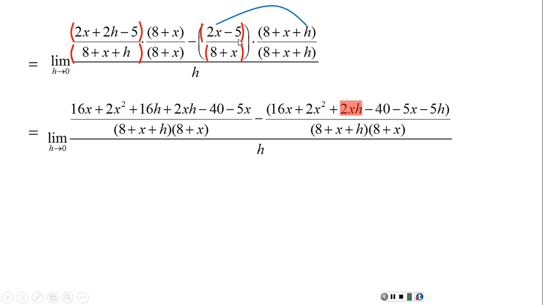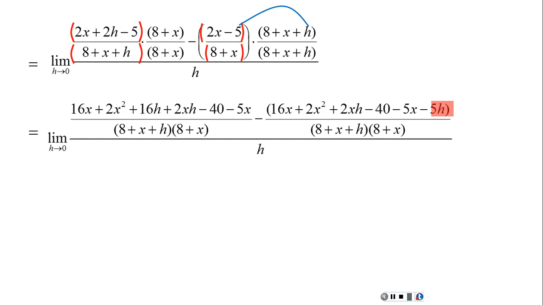I'll move over to the negative 5. Negative 5 times 8 is negative 40. Negative 5 times x is negative 5x. And negative 5 times h is negative 5h. So I multiplied all the left, and then I got my big minus sign in the middle, and then I multiplied out all the right.